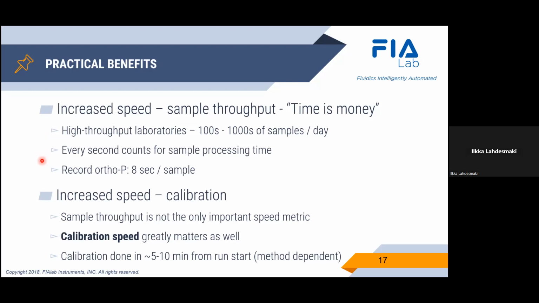And our record of setting up FIA methods and FIA instruments is an orthophosphate method where we ran samples every 8 seconds. As I mentioned earlier, you would not be able to do that kind of speed and do low-level quantitation or absolute highest precision.